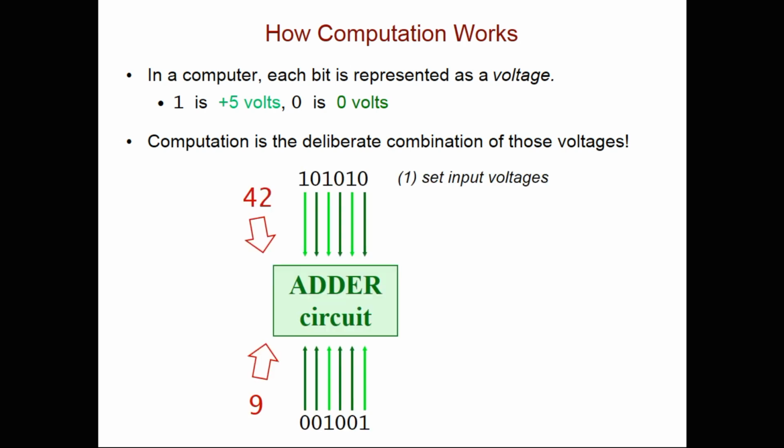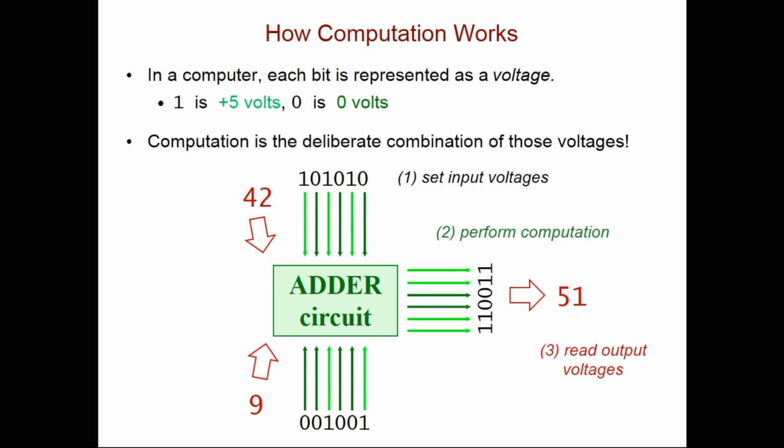At the hardware level, computer circuits like an adder take input as binary values, or a combination of these voltages, perform operations on them, and produce the output as binary values too.